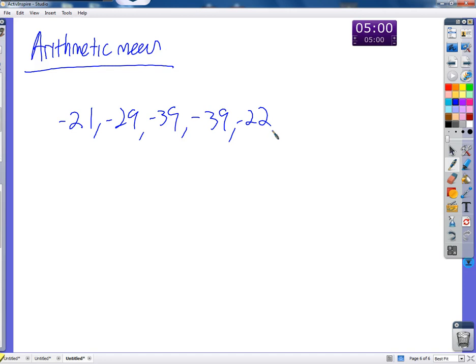If you want to get an idea about how cold it was over those 5 days, we might take the arithmetic mean. So how do we find the arithmetic mean? How do we find the mean as in mean, median, and mode?